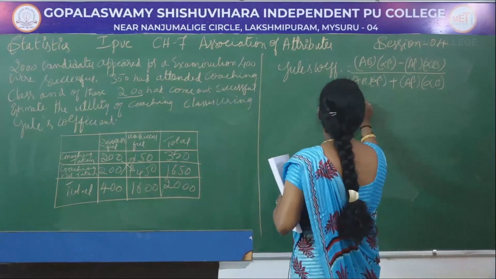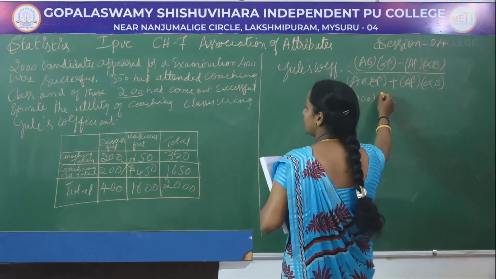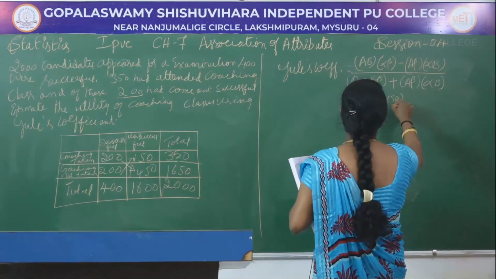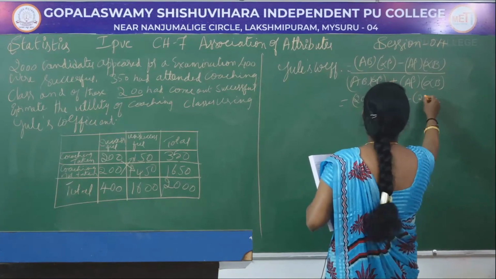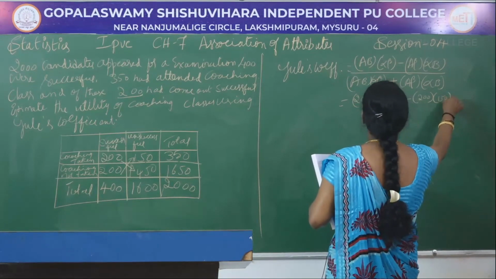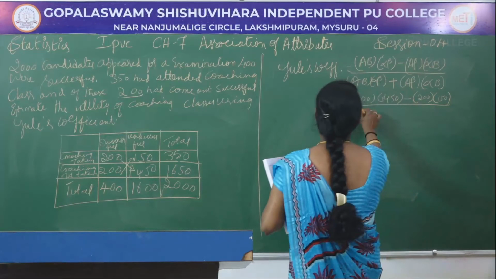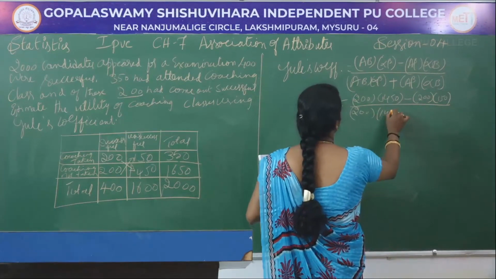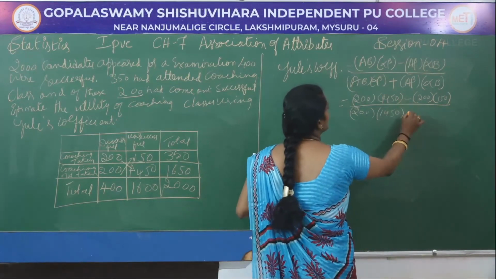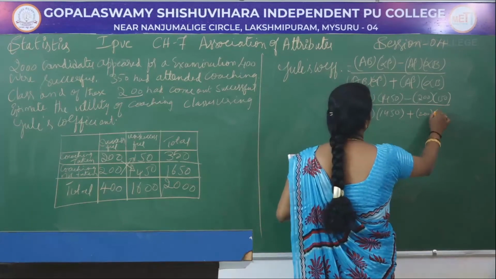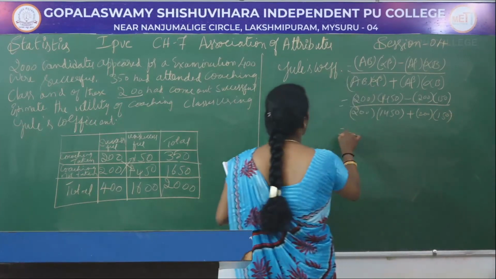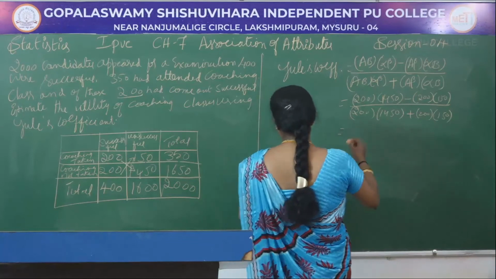It is 200 into 1450 minus 200 into 150, divided by 200 into 1450 plus 200 into 150.